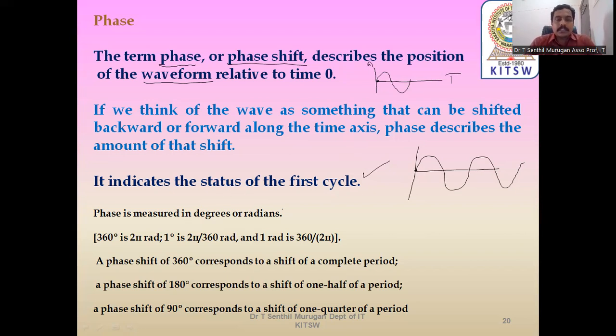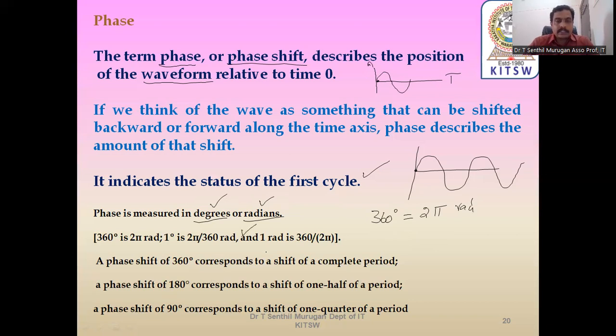The phase is measured in degrees or radians. So 0 degree, 90 degree, or some other degrees, we can say in degrees or in radians. For example, 360 degrees is equivalent to 2π radians.